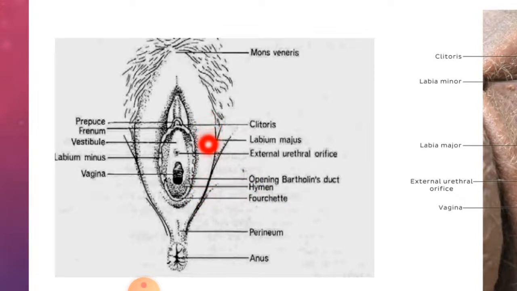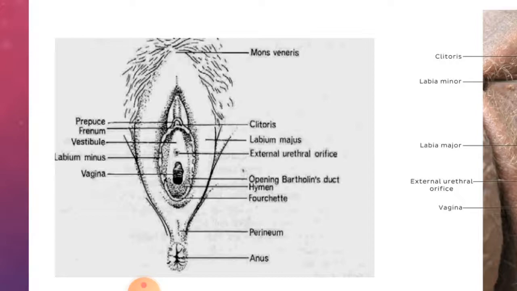These skin folds are called labia majora, and these are the two folds that basically form the boundary of the vulva, that I have already told you.